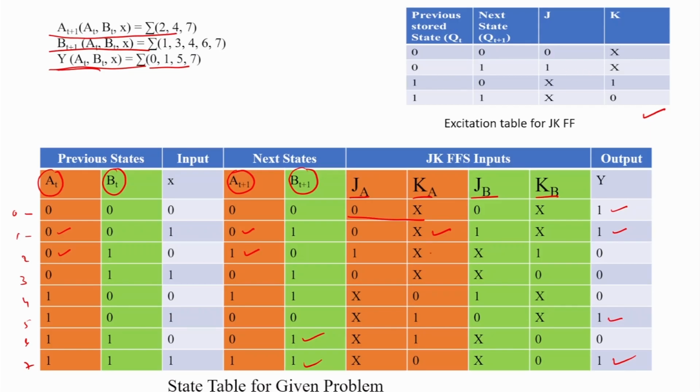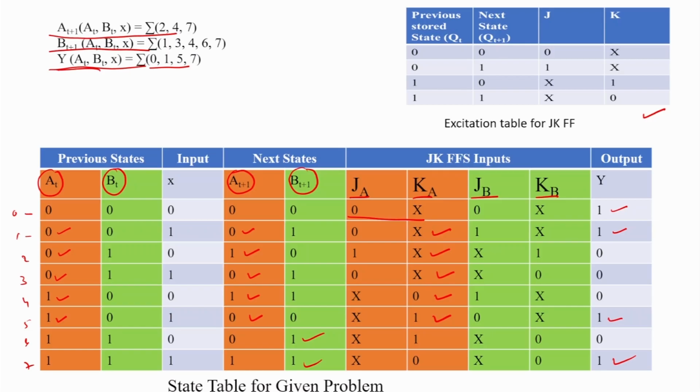Again 0 0 gives 0 x. Similarly, 1 and 1 gives x 0. Similarly, 1 and 0, 1 0, gives x 1. This means the value of J is x and the value of K is 1.